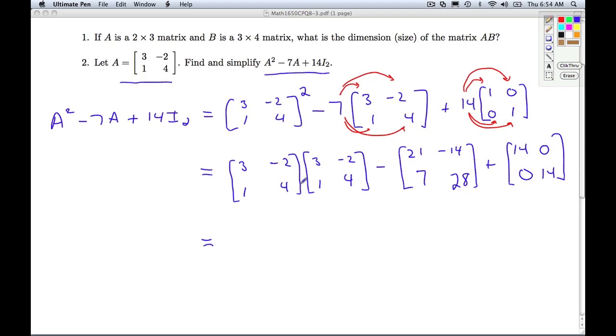Okay, so it's down to multiplying this out and then adding and subtracting these matrices together. So we're multiplying a 2 by 2 matrix by a 2 by 2 matrix. This is legal because these numbers match, and the result's going to be a 2 by 2 matrix.